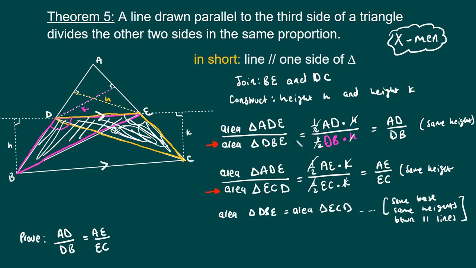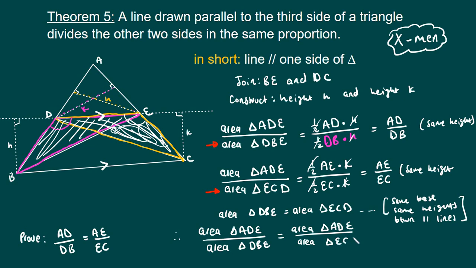Right. So if this and that are equal, and this one and that is the same thing, therefore the area of triangle ADE over the area of triangle DBE will be equal to the area of triangle ADE over the area of triangle ECD.